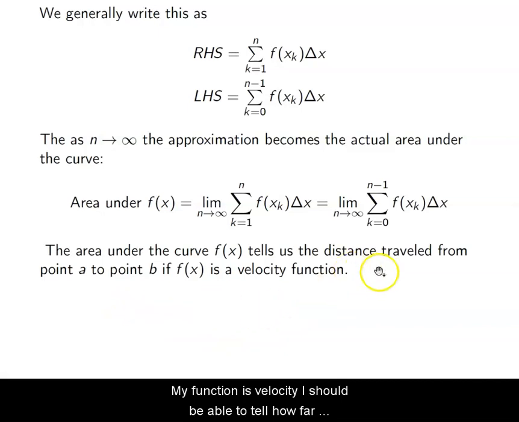My function is velocity. I should be able to tell how far I've gone in 10 minutes if I know my velocity. Now, if my velocity is constant, right, I'm always going 10 miles an hour, and I do that for an hour, I know I've gone 10 miles, right?